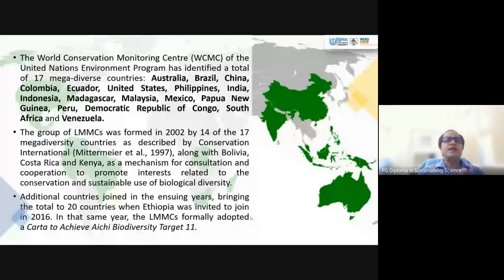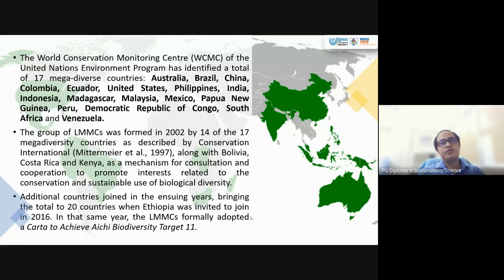The World Conservation Monitoring Centre of the United Nations Environment Programme, UNEP, identifies 17 megadiverse countries across the world. They are Australia, Brazil, China, Colombia, Ecuador, United States, Philippines, India, Indonesia, Madagascar, Malaysia, Mexico, Papua New Guinea, Peru, Democratic Republic of Congo, South Africa, and Venezuela.